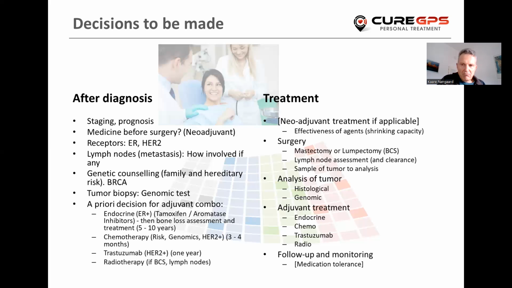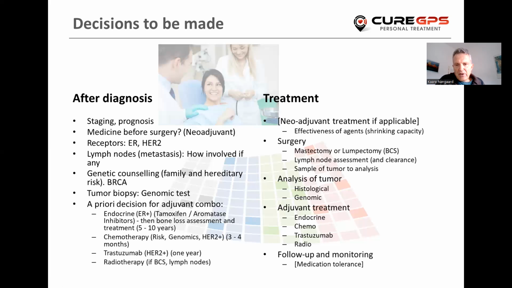Then he or she can start the treatment, which will include, if he has decided to give the medications first, starting with the medications, the so-called neoadjuvant treatment, then surgery, which is either mastectomy or lumpectomy: breast-conserving surgery for lumpectomy, or removal of the whole breast, mastectomy.